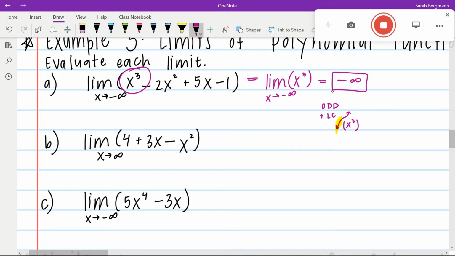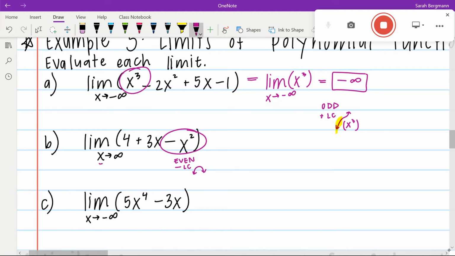Next, this function for B is not in the correct order. It doesn't have the powers in descending order, but you still need to look for the highest powered term. So this is an even polynomial with a negative leading coefficient. So we know that means it's going to look something like this, an upside down parabola.